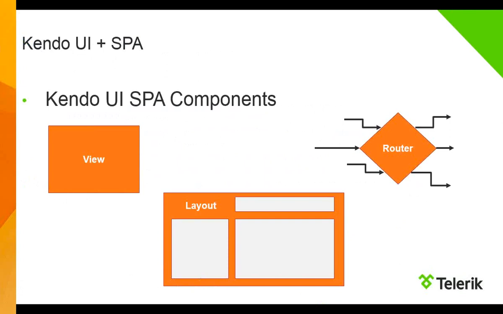And then what is a layout? A layout is a special type of view wherein it can render sub views, meaning I can create an overall layout, pretty similar to, if you're coming from ASP.NET Web Forms, a master page. If you're coming from an ASP.NET MVC background, it's going to be like your layout pages.